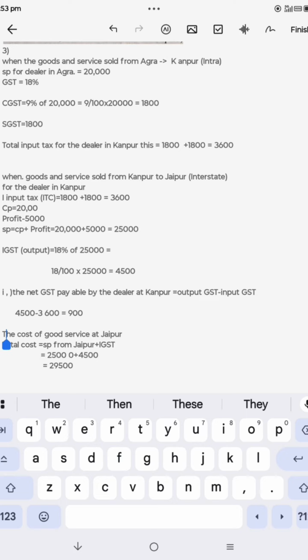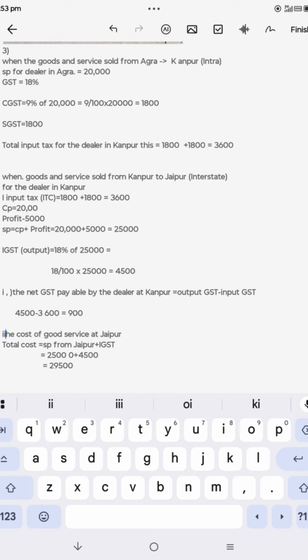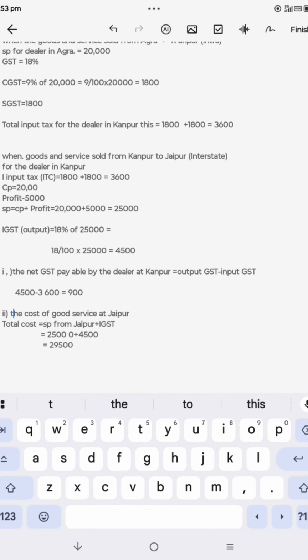Second, they have asked the cost of the good service at Jaipur. This is 29,500. आप लोगों को समझ में आ गया होगा.